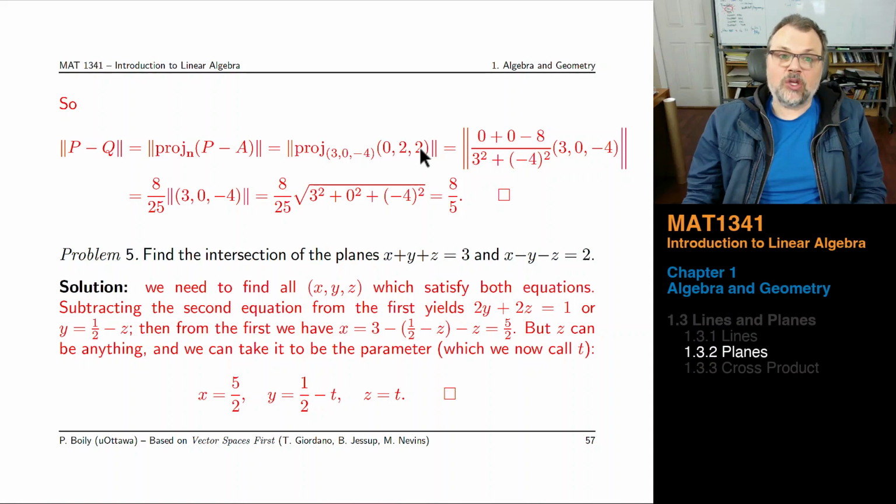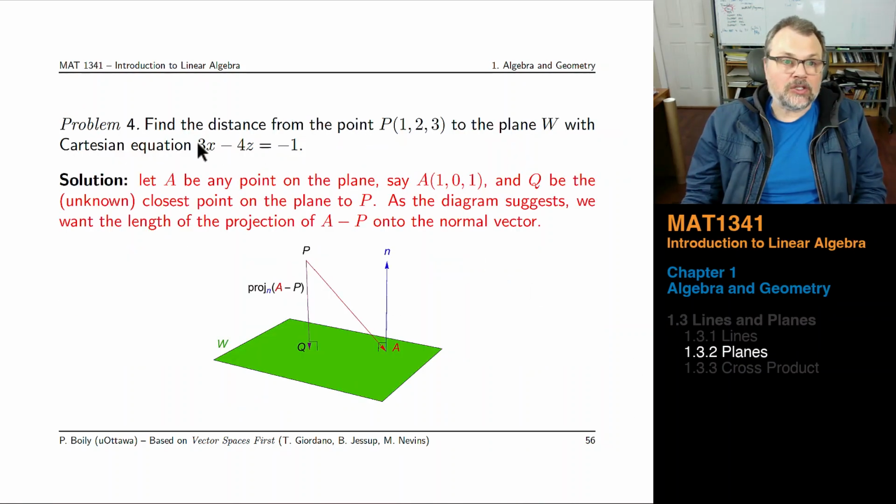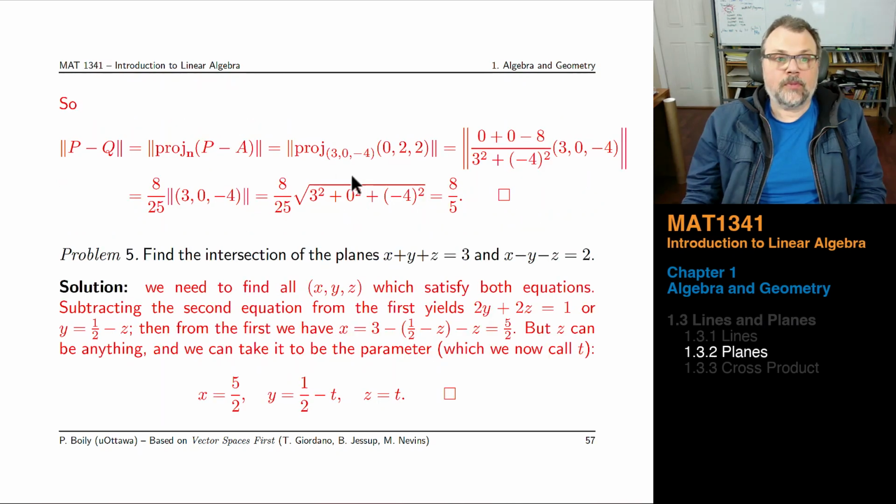So that's the thing you project along the normal vector, which we know is given. It's literally in the Cartesian coordinates, 3, 0, minus 4. So the answer for whatever's inside the norm is going to be a multiple of the vector 3, 0, minus 4. And we use the formula.